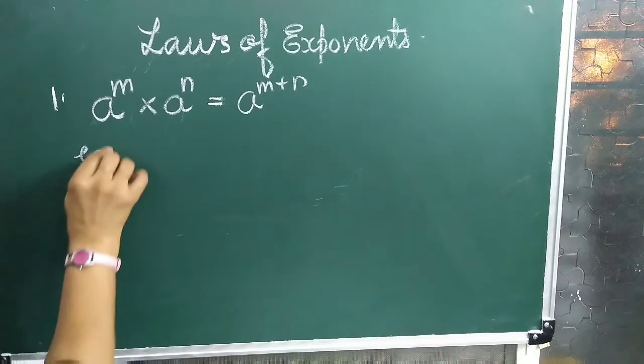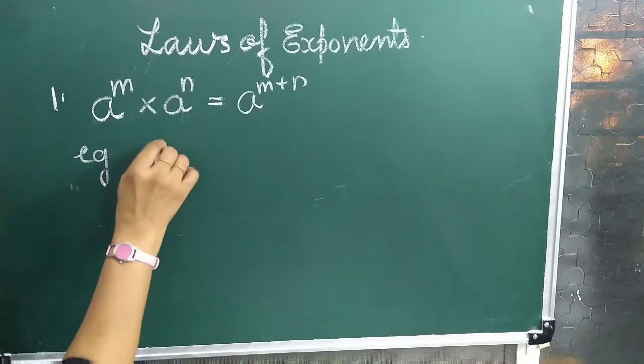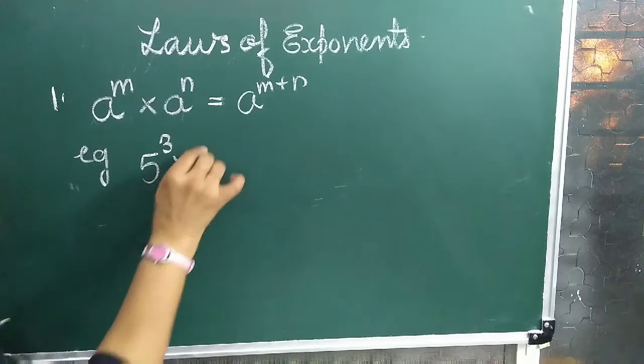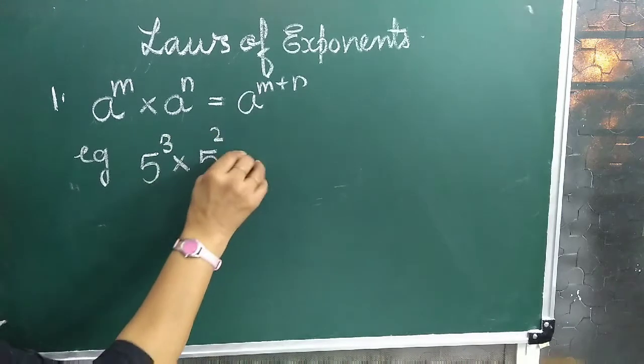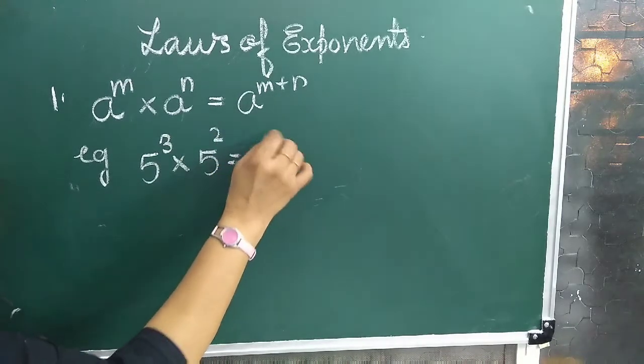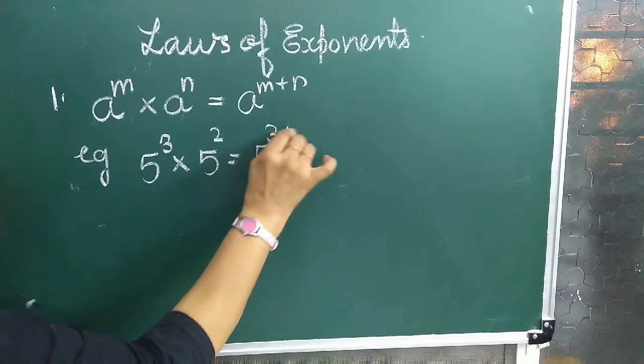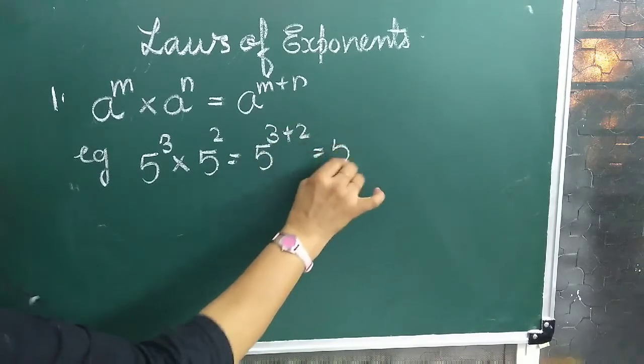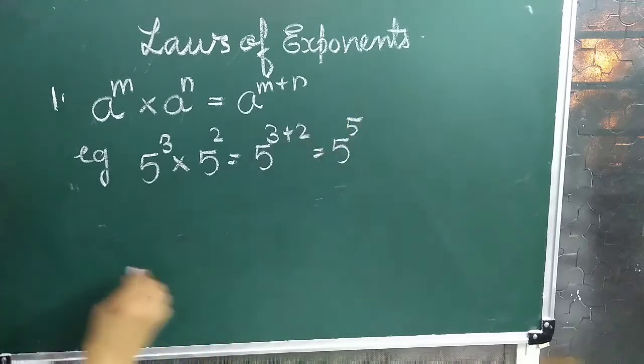For example, 5 raised to the power 3 into 5 raised to the power 2 is equal to 5 raised to the power 3 plus 2, that's equal to 5 raised to the power 5.